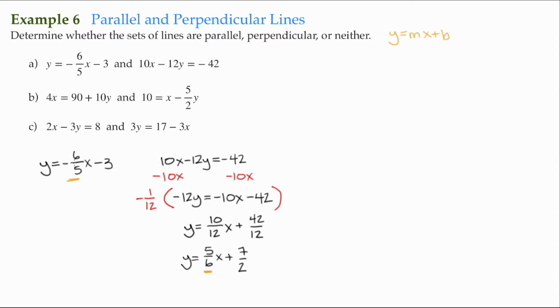An opposite means if it's negative, it's positive, or if it's positive, it's negative. And the inverse of 6/5 is 5/6. So if we multiply these two slopes together, our result will be -1. So since that's the case, then these two lines are perpendicular to each other. I'm just going to write it down right here.